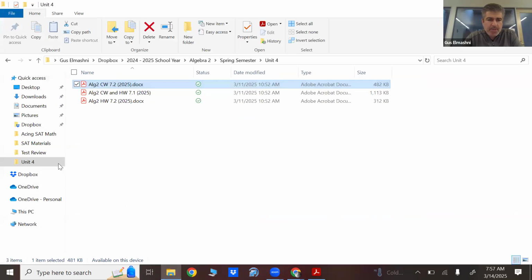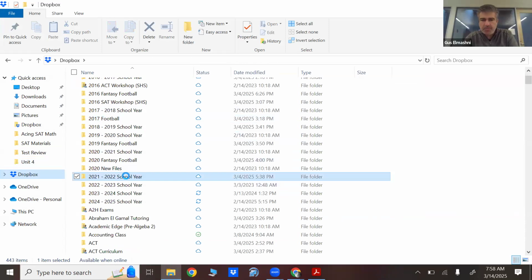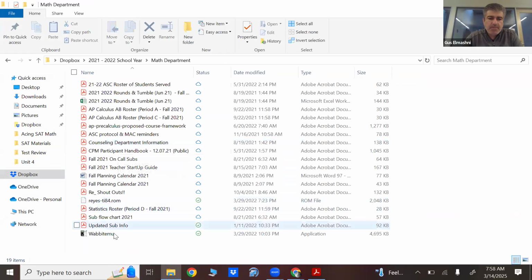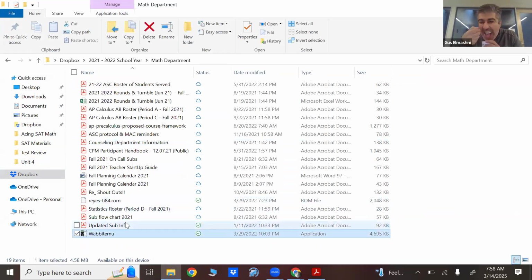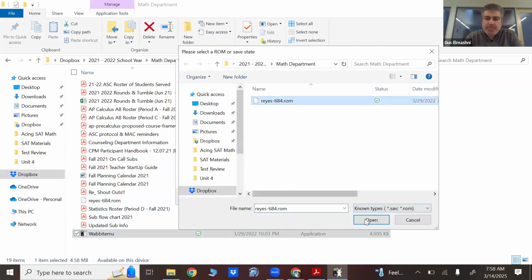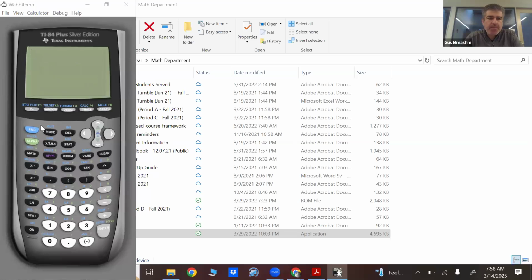For the calculator part, let me pull this up. Just go to y equals sine x. Easy peasy. Hit second window.